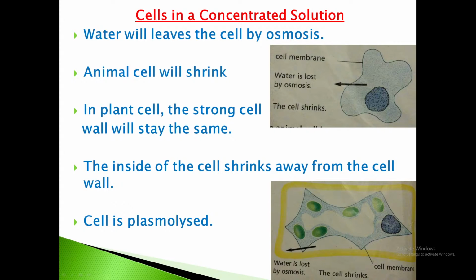Normally the cell membrane will be within the cell wall, just at the inner part of the cell wall. As you can see, the cell membrane is at different places relative to the cell wall simply because it is shrinking. That process of shrinking, we normally call plasmolysis.